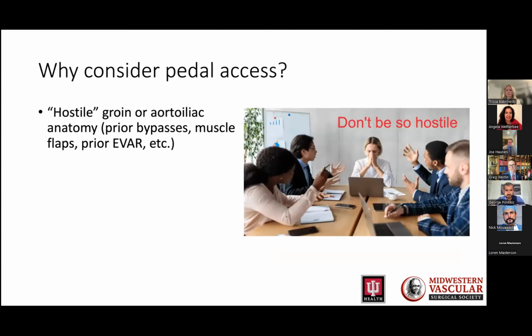So why should you be thinking about pedal access? The standard transfemoral access is good for most people, but in hostile groins, people who've had prior bypasses, flaps, people where going up and over might be difficult because of complex aortoiliac anatomy, like an EVAR, or some infection in the groin, a really large pannus, or a really deep artery in the groin.